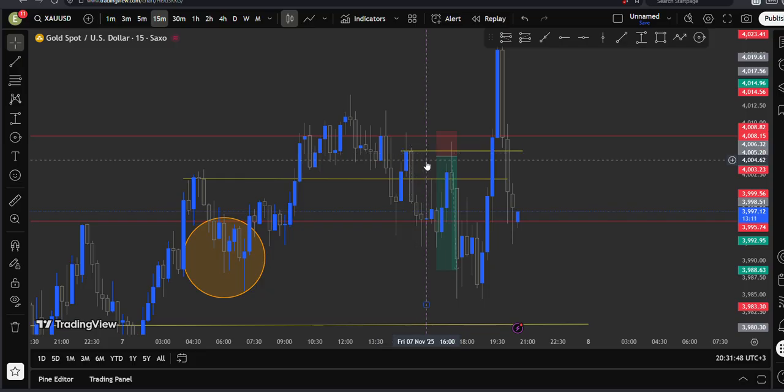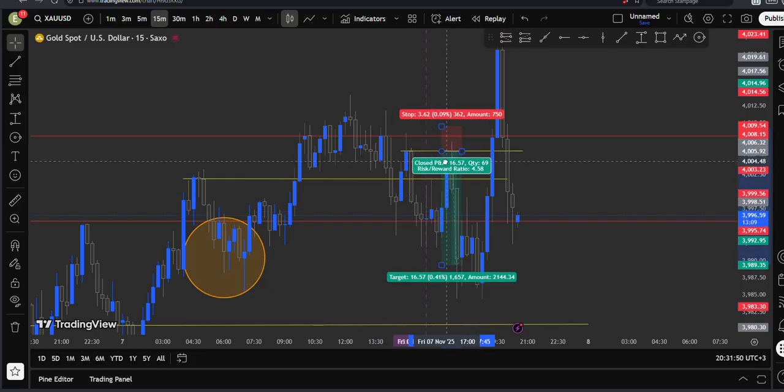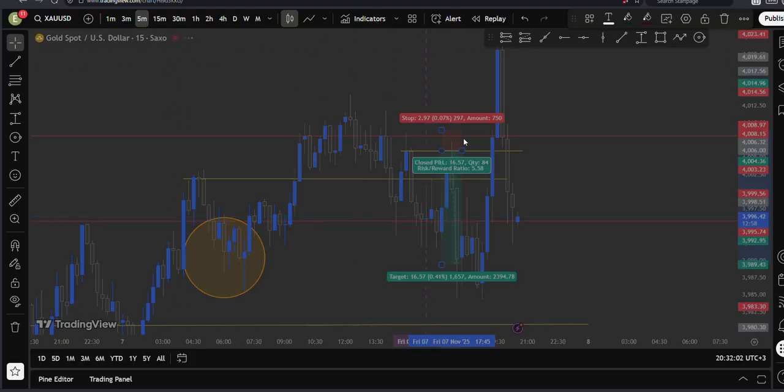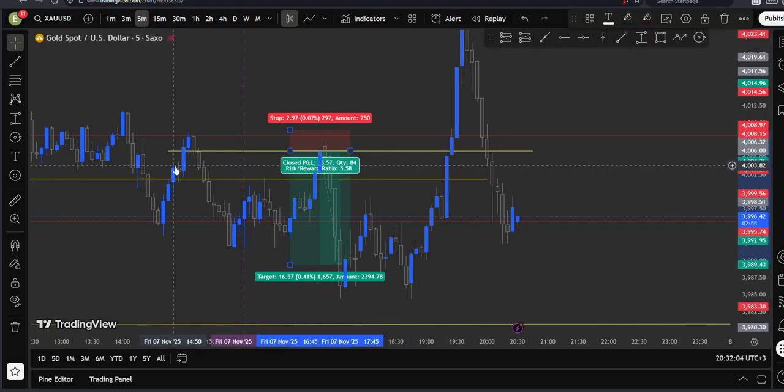So I put one entry here, another entry here, and I put my stop loss above this high, because the market would rarely tap there. My first entry was just near that level, just in case the market doesn't come back, just in case it only taps here, I will be safe.